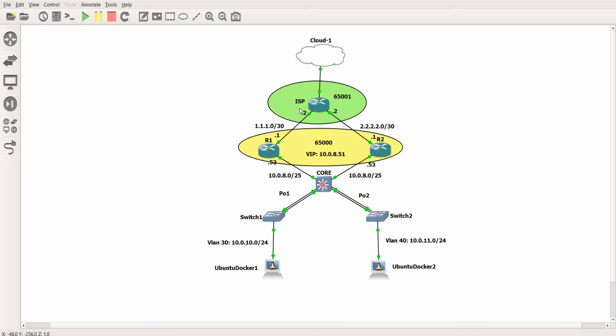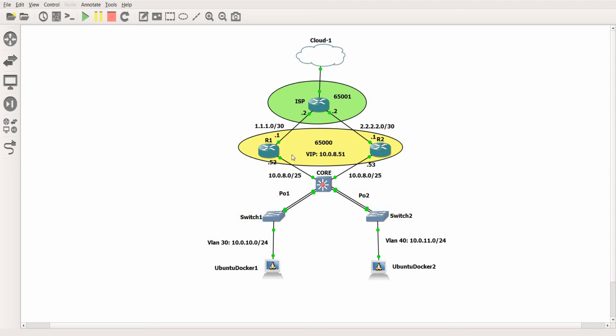Both are connected to the ISP router, and the ISP router is connected to the internet. And we have a core switch, and the core switch is connected to both switch 1 and switch 2. And we have a host here in VLAN 30 and another host in VLAN 40.